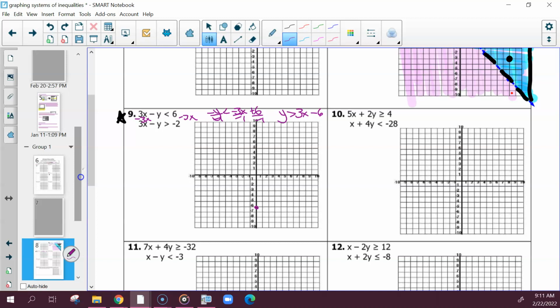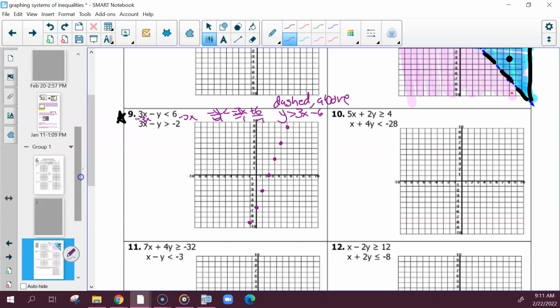Starting at -6, we're going to go up 3 to the right as many times as possible, and down 3 to the left once. Would this be dashed or solid? Dashed. Shaded above or below?